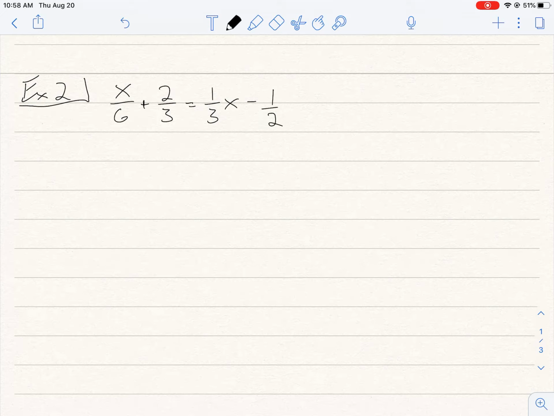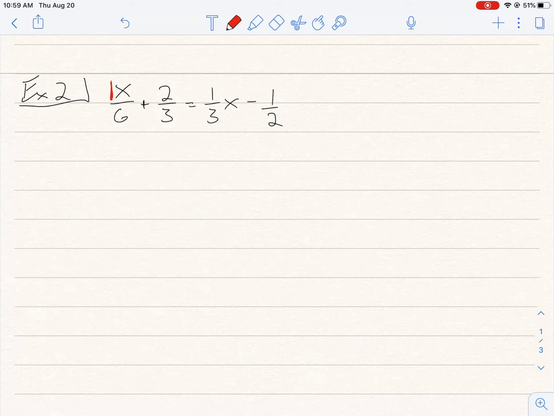Now, I am going to move my variables and my numbers around, but yeah, there's fractions thrown in here, right? This x over 6, it's 1x over 6, so if you need to add that in there.